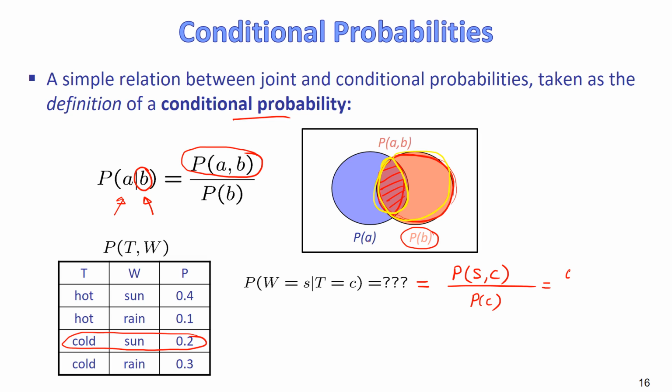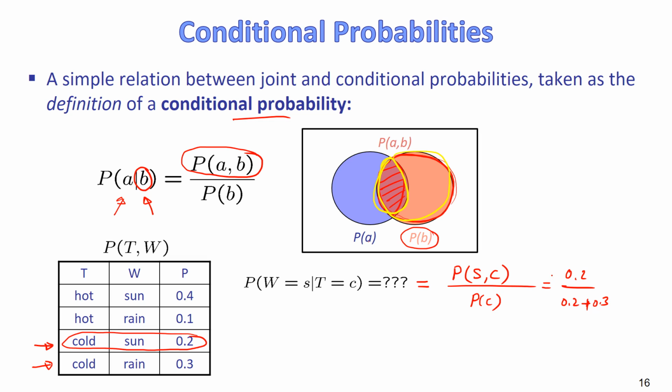So that will be 0.2 divided by the probability of C, which is the probability of cold. Where is cold here? In this row and in that row. So the event here, which is the evidence, corresponds to two rows. So the probability of C here is 0.2 plus 0.3.